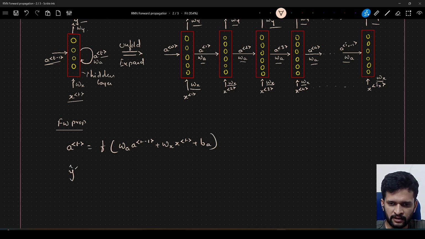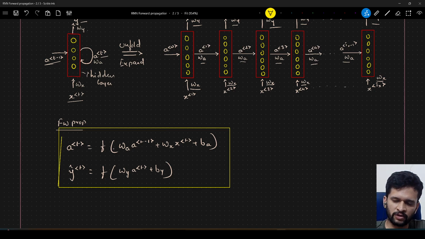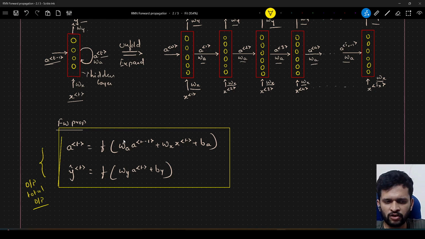Similarly, for predicting the output at time step t, we apply some activation function on top of Wy into at plus by. These two are the equations we learned in forward propagation, and this we can call the output or total output. Just remember this; let's not worry more about that. We have already seen these two equations in my previous video on forward propagation.